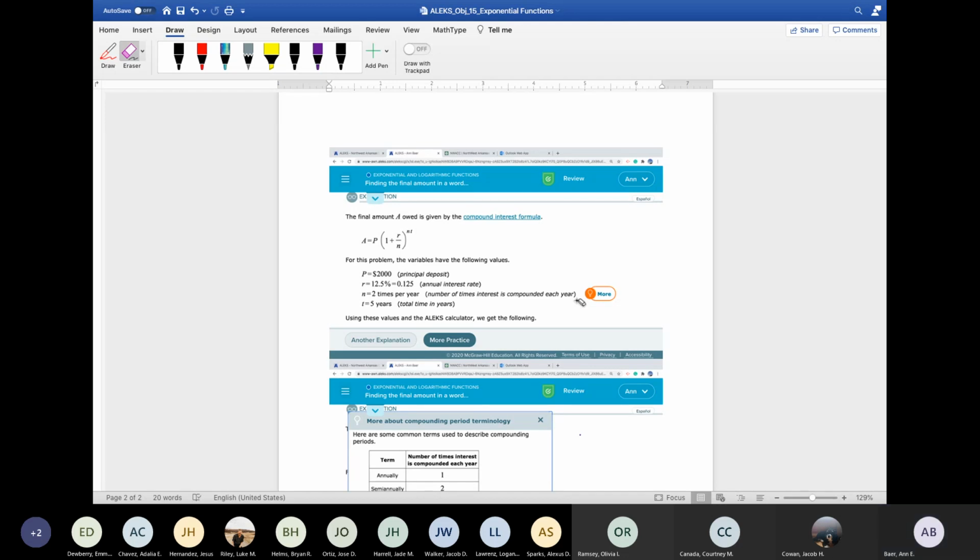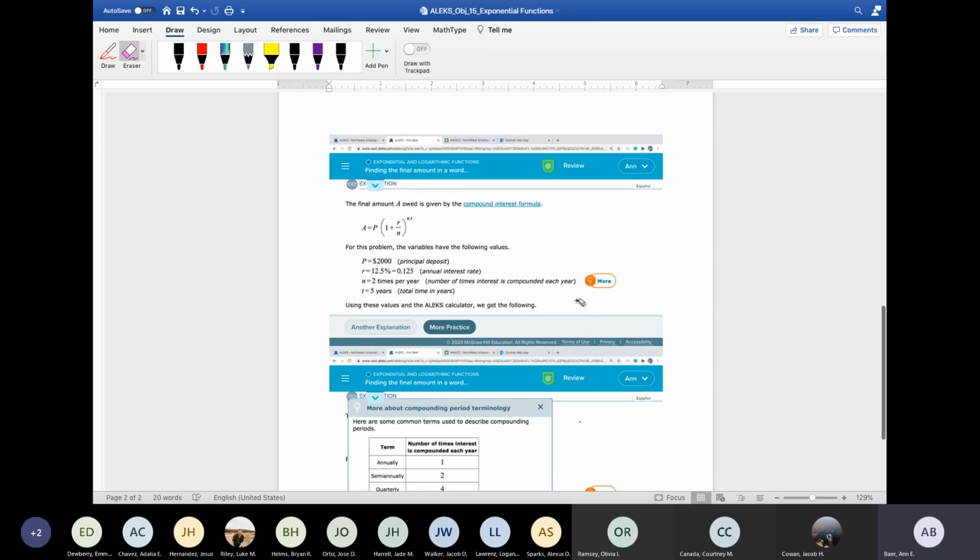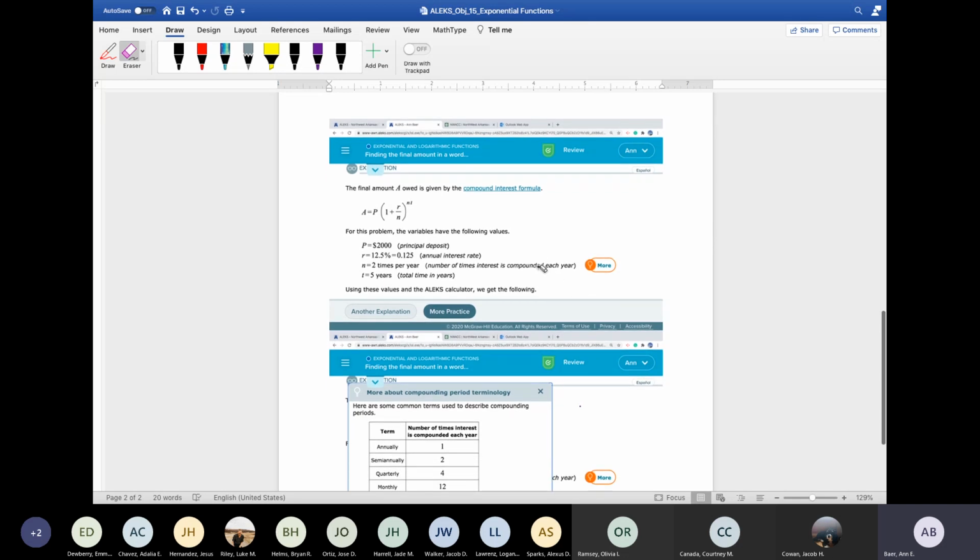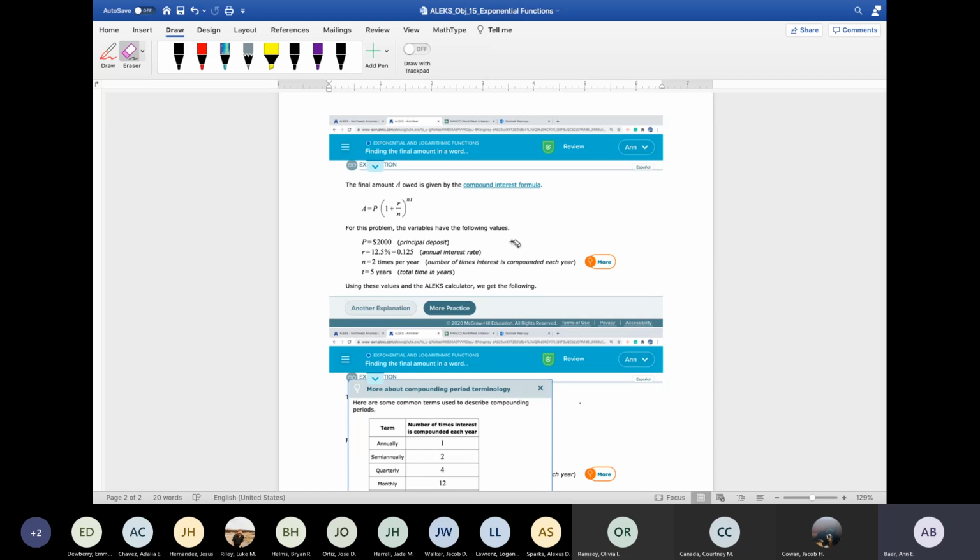But lots of banks use compound interest. When we're paying on our mortgages, we're probably paying compound interest as well. So I just wanted to give you an inkling of why we are talking about compound interest.